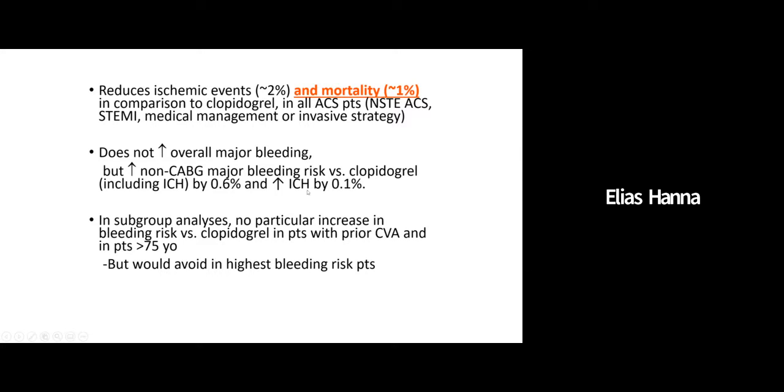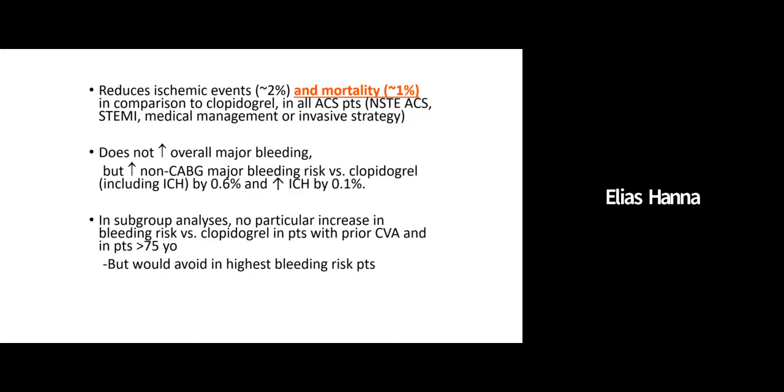There was definitely an increased bleeding signal, although it sounded a bit different than prasugrel, but in reality, it's, in my opinion, the same thing. It does increase bleeding risk probably similarly to prasugrel, although there were no specific subgroups of harm, such as prior stroke, age, and low weight.